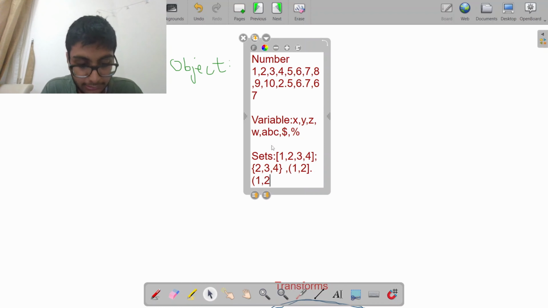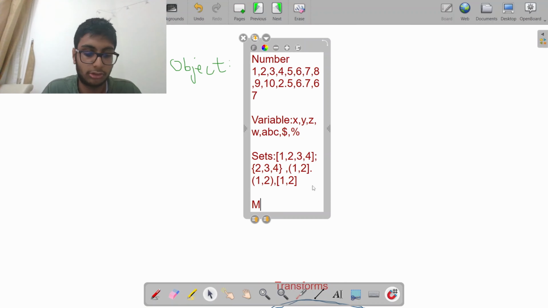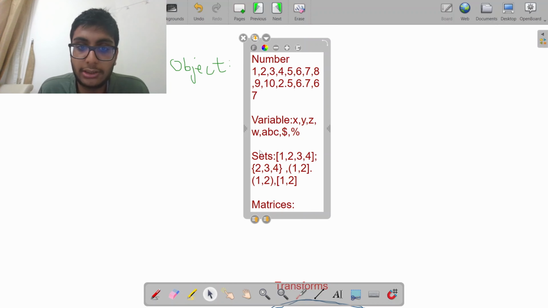Or we have these kinds of sets. And we also have these kinds of sets. And last but not least, matrices, which we learn in linear algebra, which is kind of like sets, but we represent them as vectors and take a group of them, which we won't get into right now.